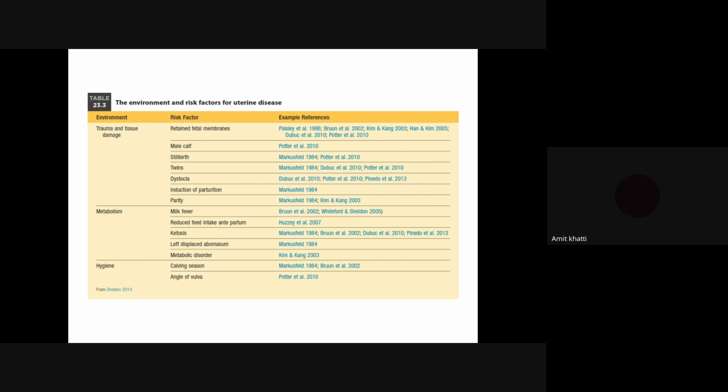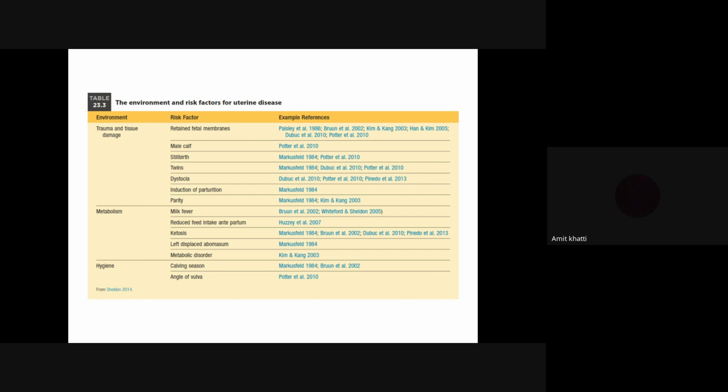If the angle of the vulva is not vertical, or it is angulated in a horizontal manner, then obviously the cleaning of the uterus will be compromised. Or excretory, as we are all aware that after the urethral orifice, it is the common tract for excretory as well as genital secretion.